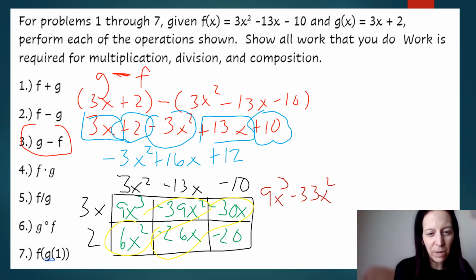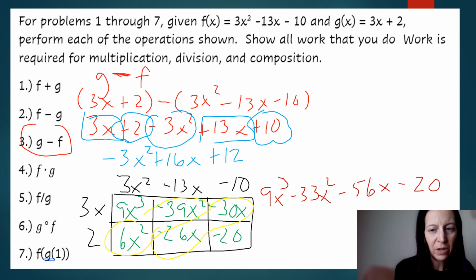Negative 26x minus 30x is negative 56x, and then minus 20. Okay, yay. And you may use a calculator for your in-class test. I'm doing it without a calculator. I'm not going to guarantee my work when I'm not using a calculator because that would be silly. But I mean, I can do it without a calculator. So there you go. So there's your multiplication.